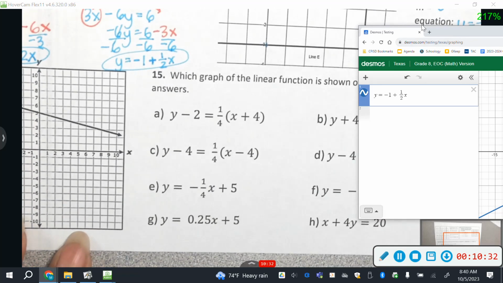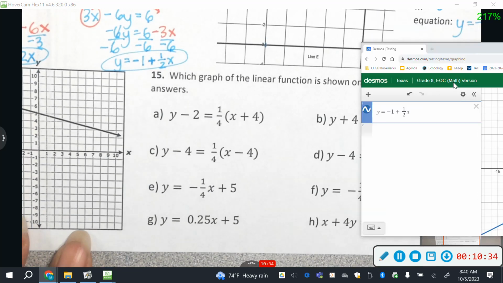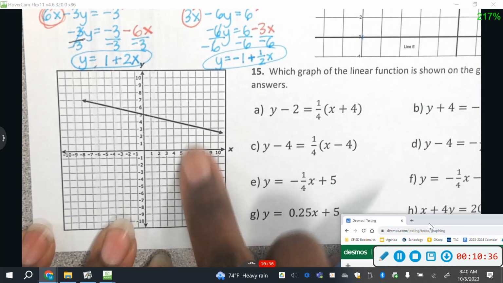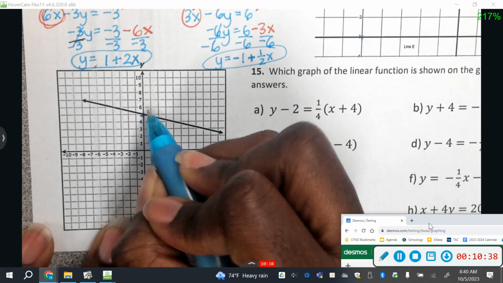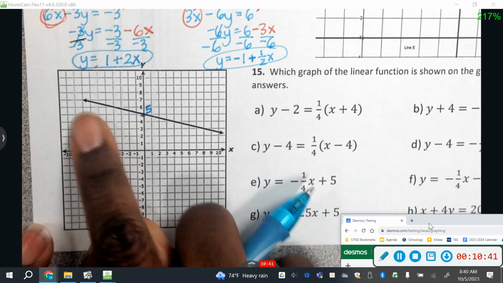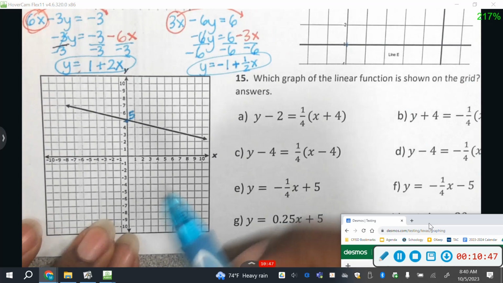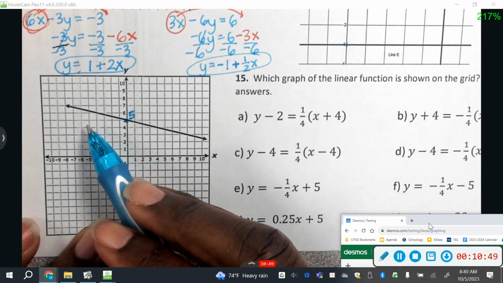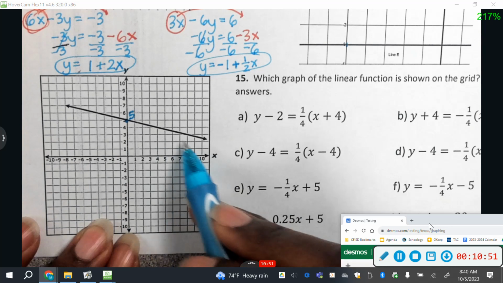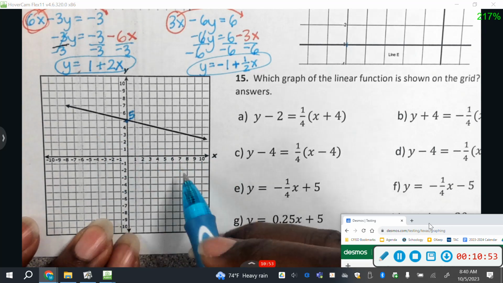Number 15 is very similar to the one we just did. Look, you have a graph, and you need to make sure that it touches the y at 5, but you can't see the x-intercept. So you need to find another perfect point that's on the graph, okay? Does anybody see a perfect point we could use?